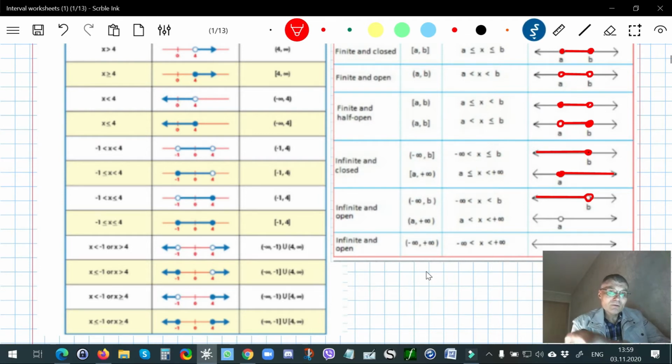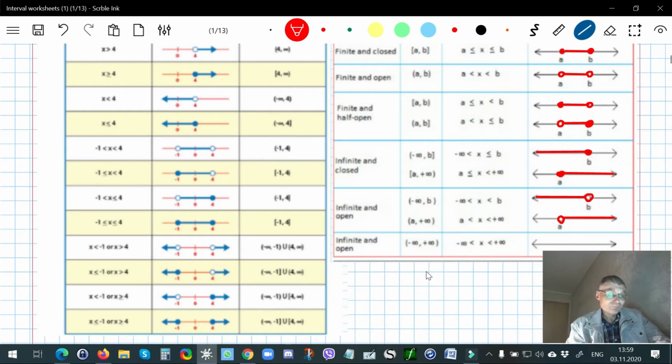And here A is open. I just also draw a circle. And the first one means any number from negative infinity up to B, but we don't consider B. B is excluded. It's an open interval.